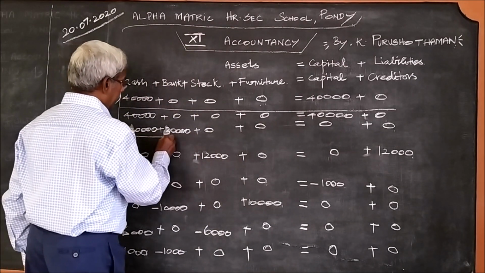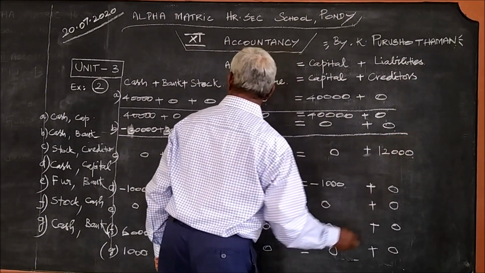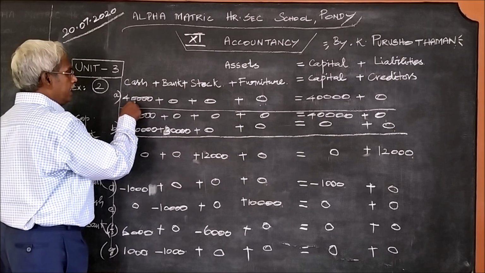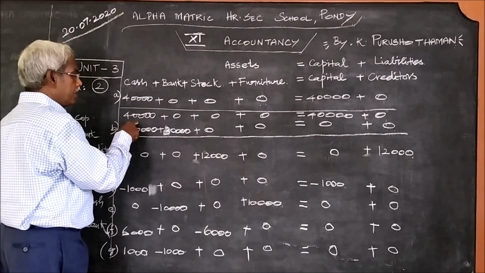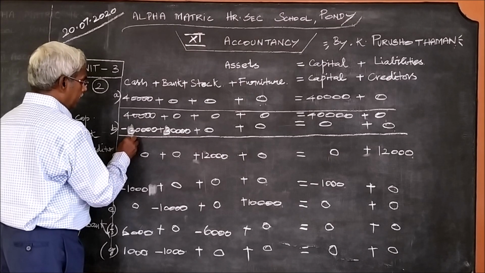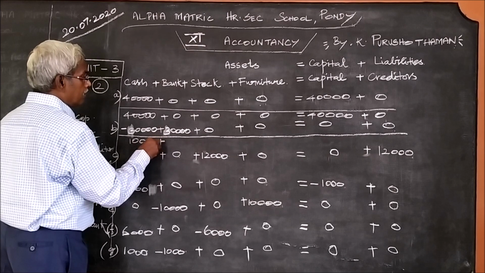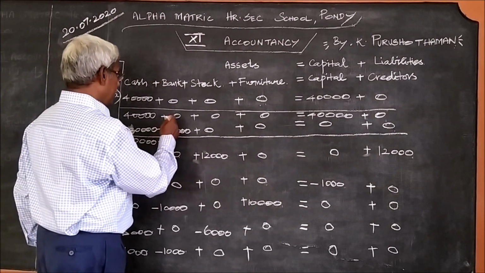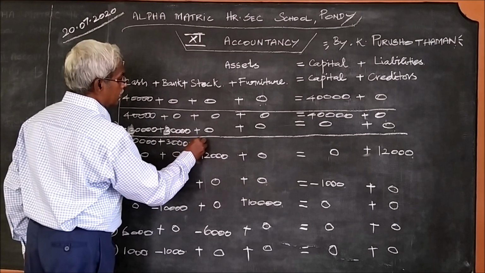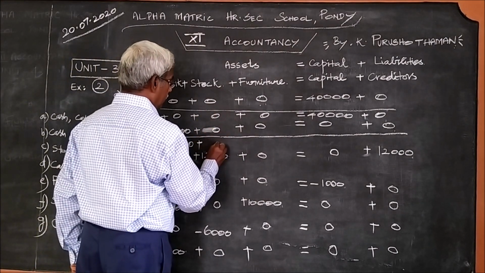Then after the second transaction, what is the position now? 40,000 minus 30,000. Here nothing and therefore we have written as it is. Here there is some other number. 40,000 minus 30,000 is 10,000. 0 plus 30,000, 30,000. 0 plus 0, 0.